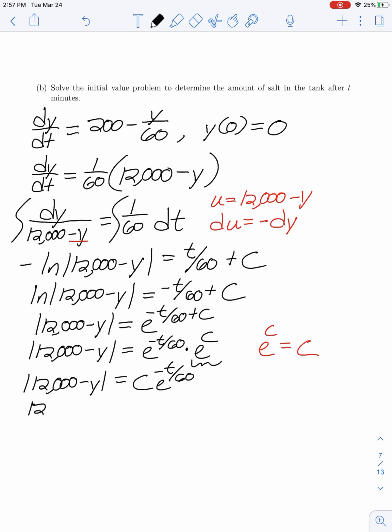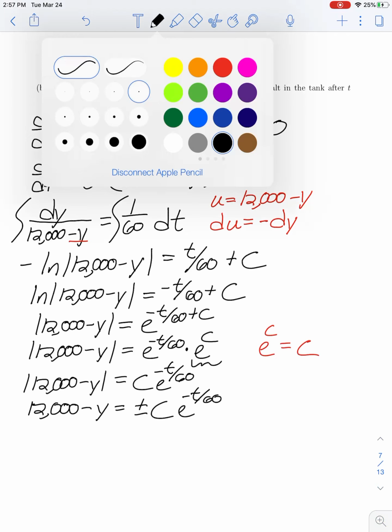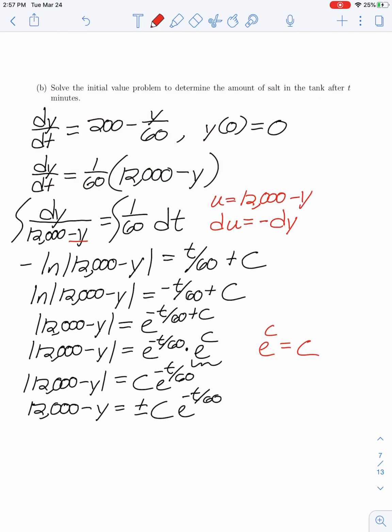And to get rid of the absolute values around my 12,000 minus y, we could take positive or negative of this quantity, c times e to the negative t over 60 power. And again, as we mentioned in the first part of the section 4.3 material, since c is arbitrary, it doesn't matter whether we have a positive or a negative out in front.